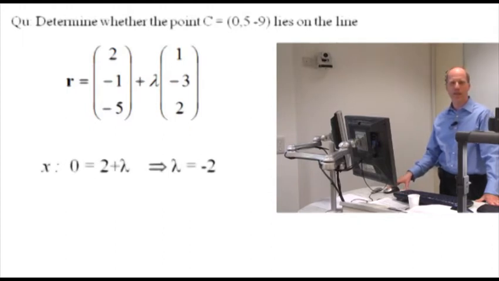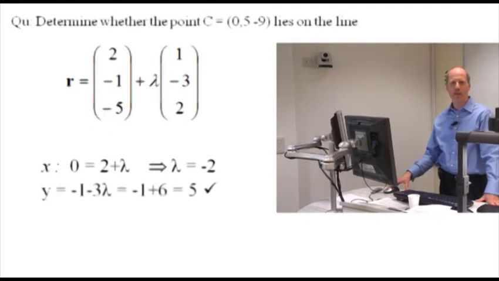At the point C, the x-coordinate is 0, so that 0 equals 2 plus lambda, from which we can conclude that lambda must be equal to -2. We now need to check that this is consistent with the equations for y and z coordinates.